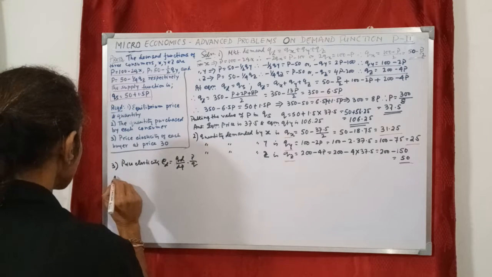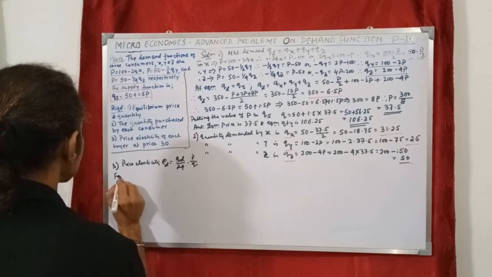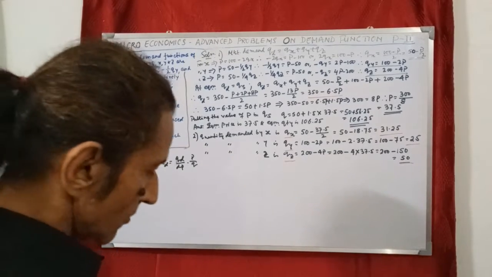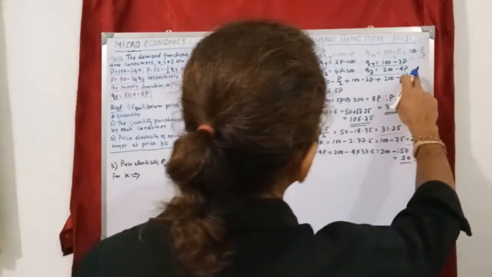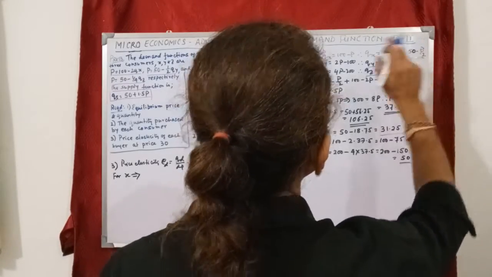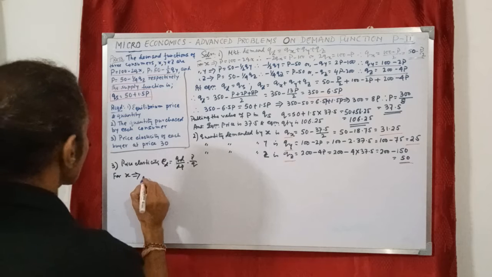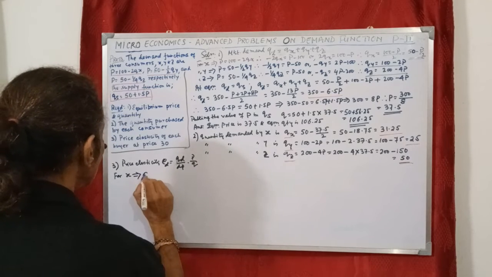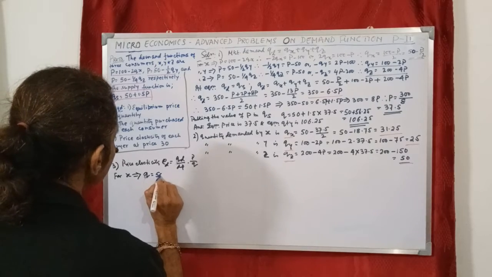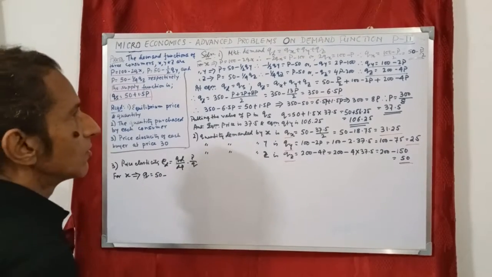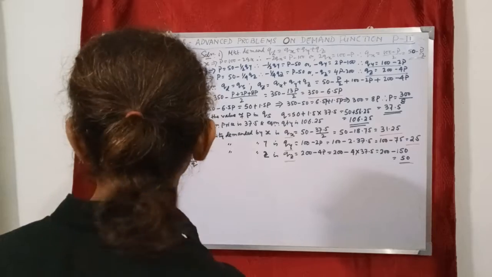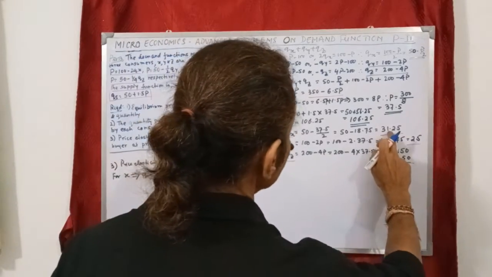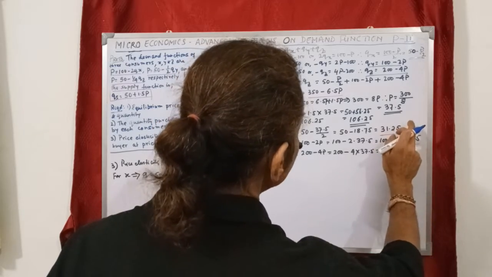So first, for X, what is the quantity demanded? 50 minus P by 2. So Q equals 50 minus, what value of P shall we take now? We shall take 30 instead of 37.5, the market equilibrium price.